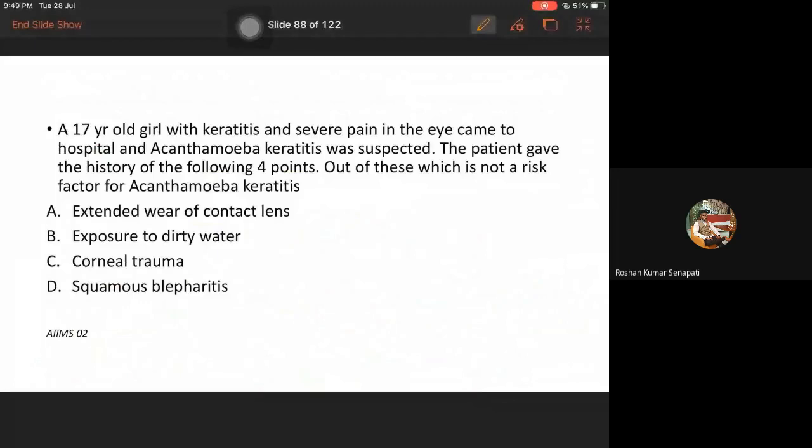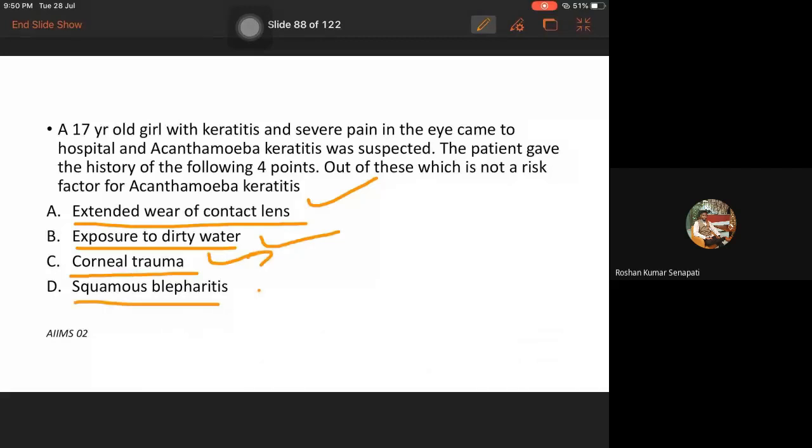The first option is extended wear of a contact lens. Definitely a risk factor. Exposure to dirty water is also one of the risk factors. Corneal trauma. And squamous blepharitis. Okay, so the answer is squamous blepharitis.